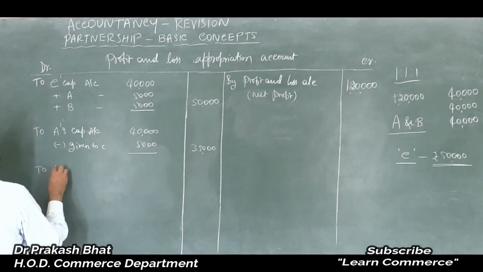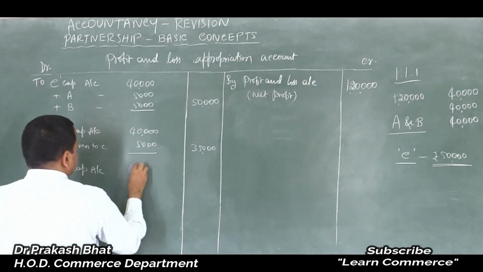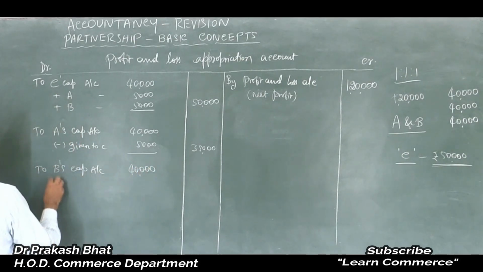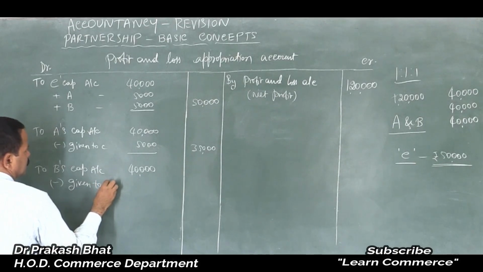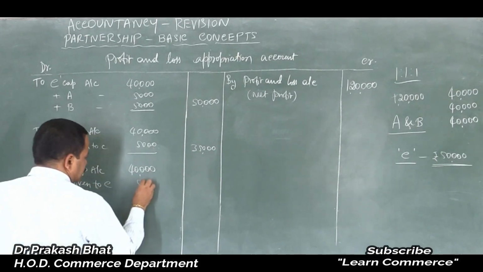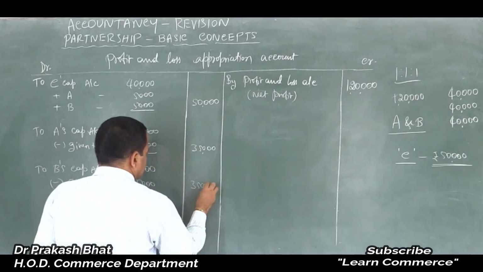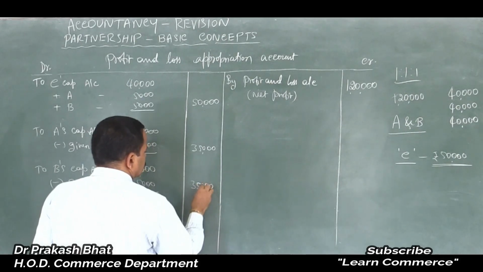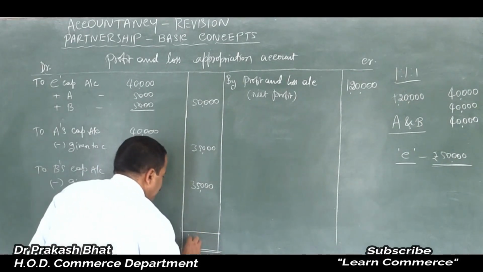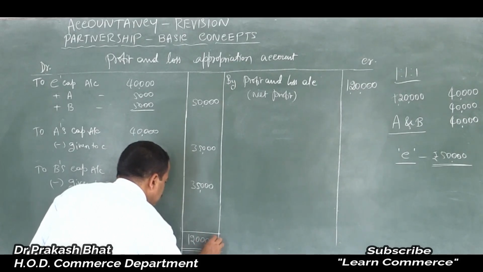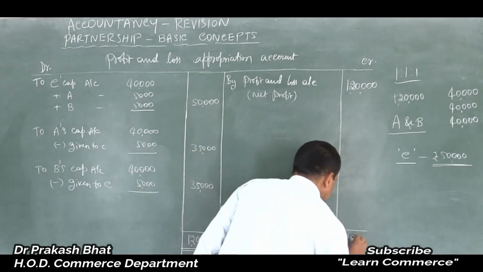Then to B's capital account, 40,000 minus 5,000 given to C, so it will be 35,000 here. So totally it will be 1,20,000.